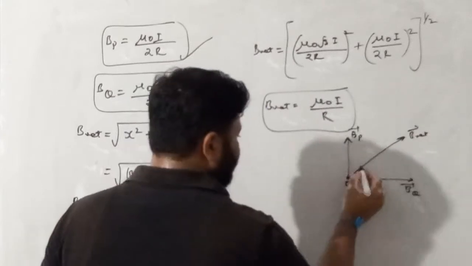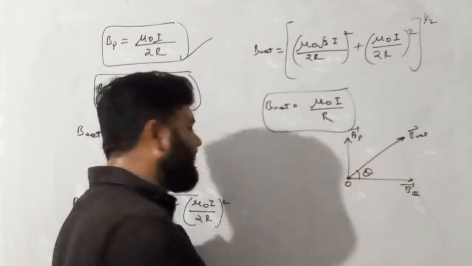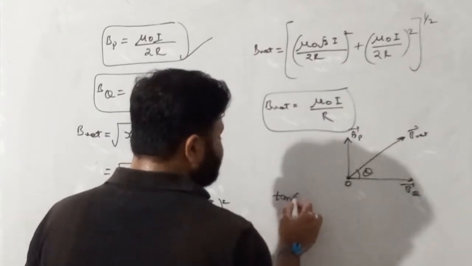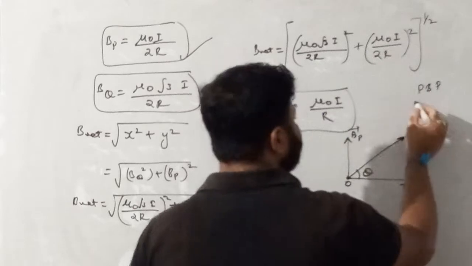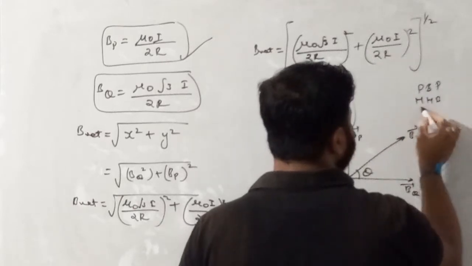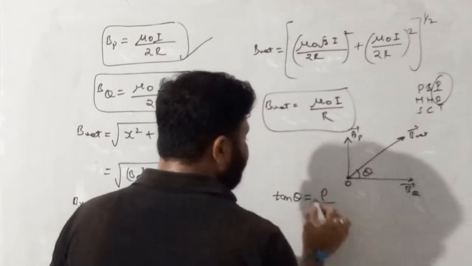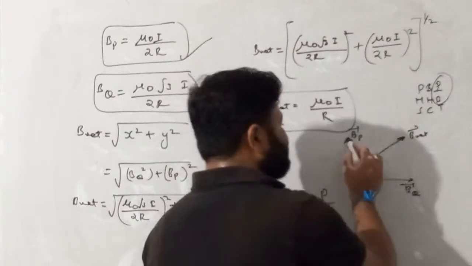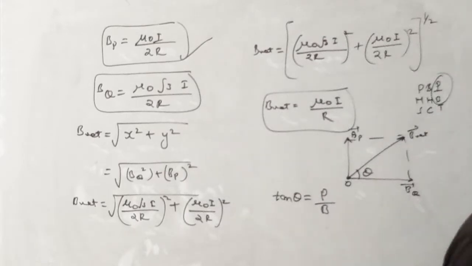If I want to find its direction, let's suppose this angle is theta. Finding direction means finding tan theta, and we know its formula: perpendicular upon base. So just try to find the value of tan theta, which gives you the direction.